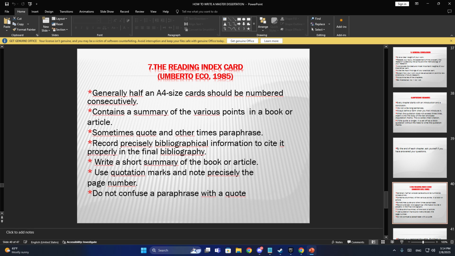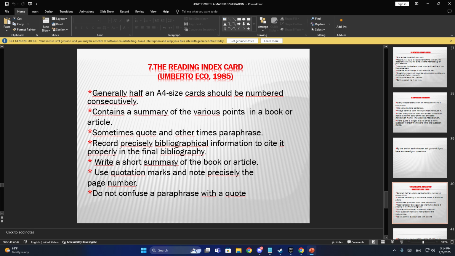They contain a summary of the various points in a book or article. So on these cards you are going to write a summary of a book or an article, sometimes quote and other times paraphrase. You know this.